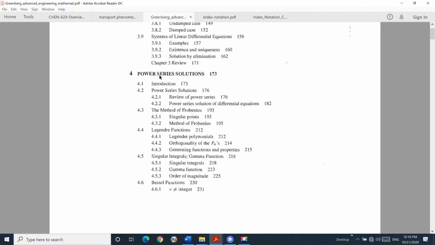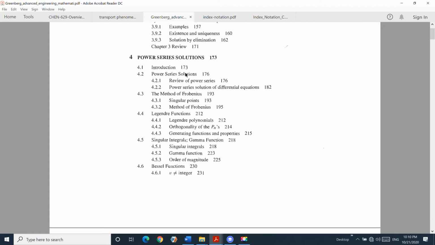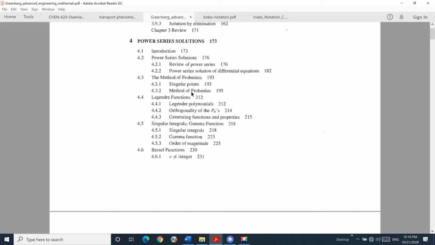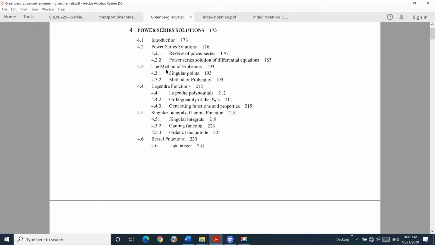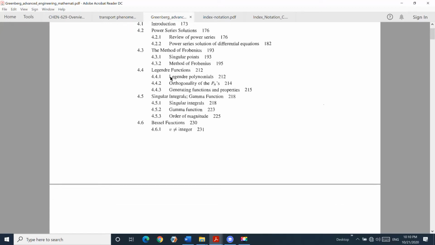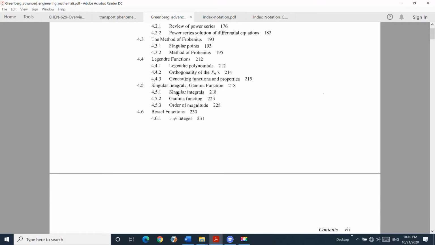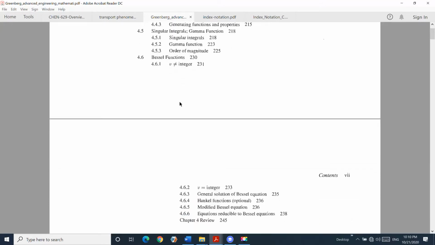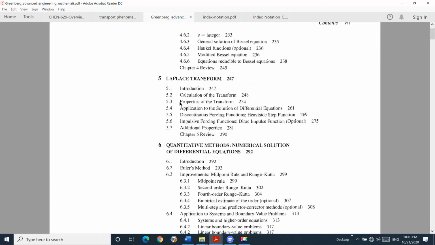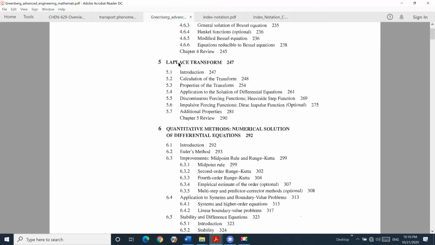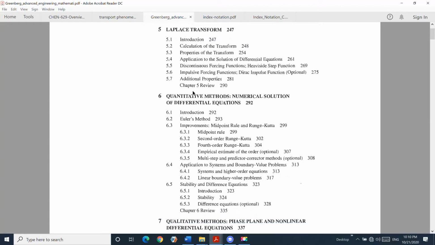Chapter 4 gives the power series solution, an introduction to how we utilize the power series solution for differential equations. It gives you the method of Frobenius and Legendre functions and singular integrals, the gamma function and Bessel function, and so on. Chapter 5 talks about the Laplace transform, the solution of differential equations and systems of differential equations.